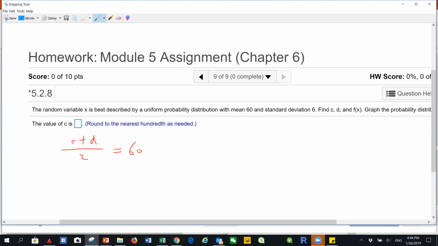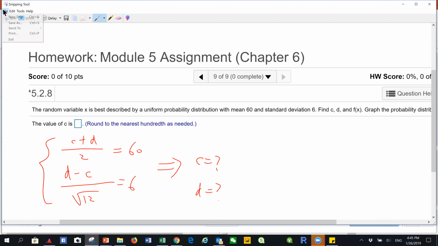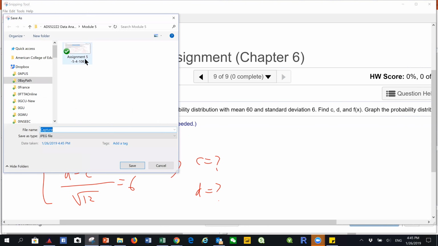And then the square root we just saw, and D minus C is 6. So you solve the equations and you will get the solution, and that's C and D. I think this is pretty complete.